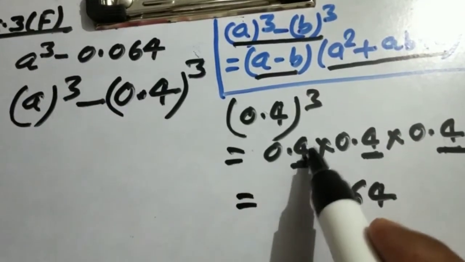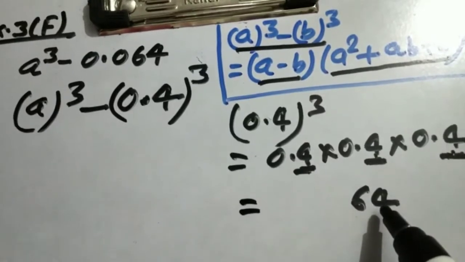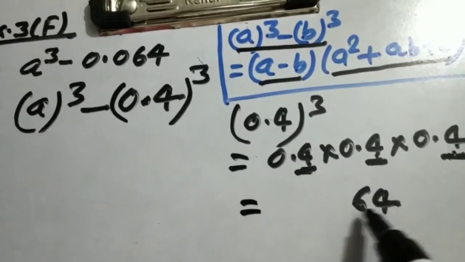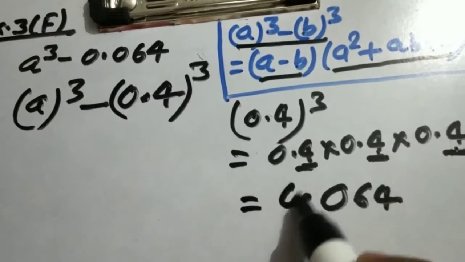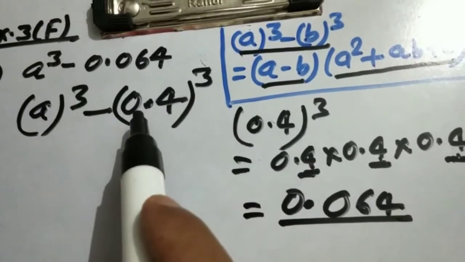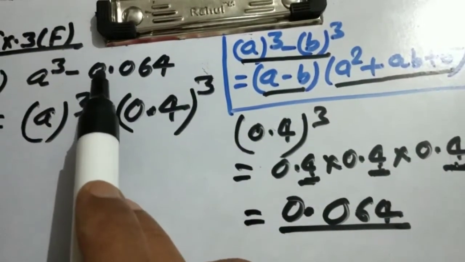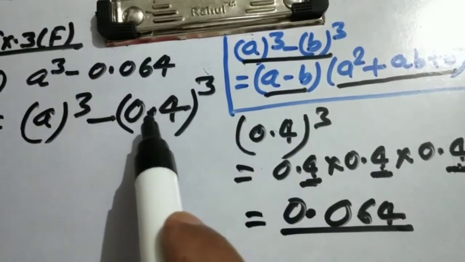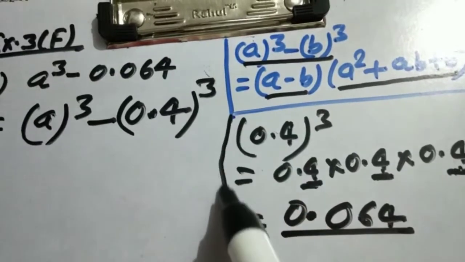When we multiply 4 with 4 and then with 4, we get 64, and it is only 2 digits, so put a 0 and then put the decimal, and it will be equal to 0.064. So we have written that this is the cube of 0.4, as you can see here.